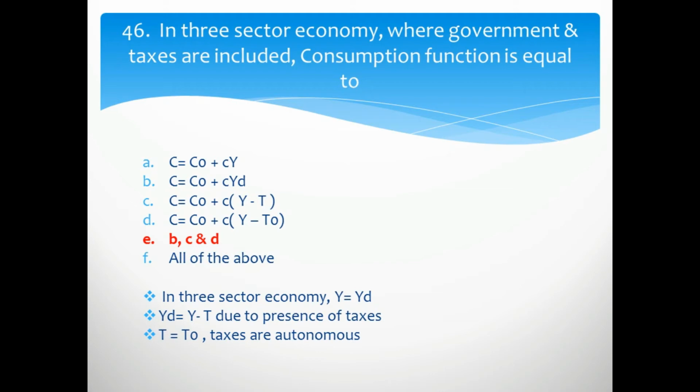Disposable income YD is equal to Y minus T, and from that we subtract taxes and then we get the disposable income, and T is autonomous taxes. So B, C and D are the right options, and A is not the right option because taxes are not included in this equation, but we have to include taxes because it is a three-sector economy.